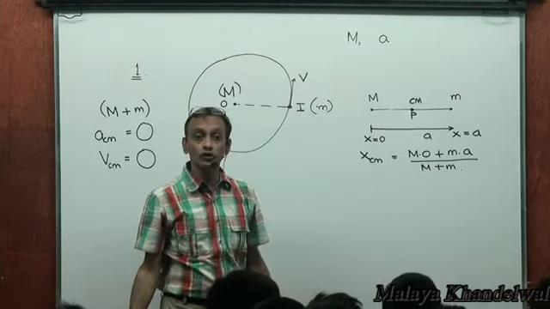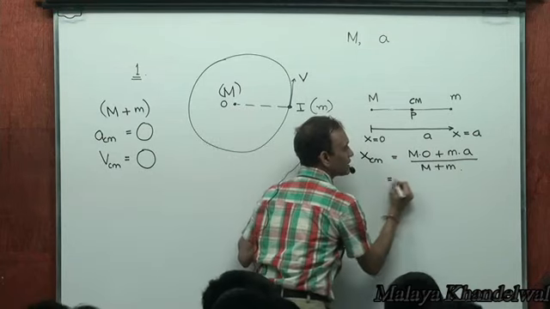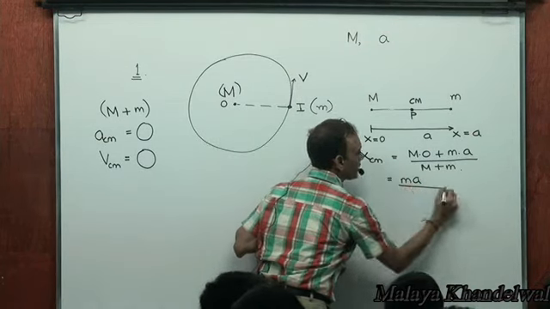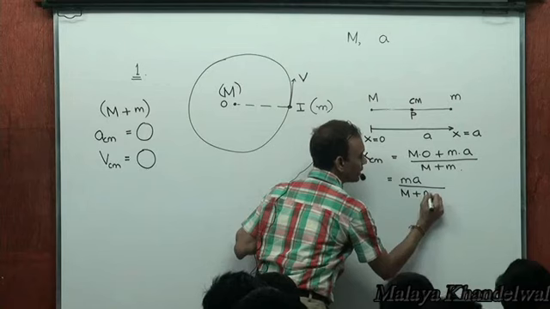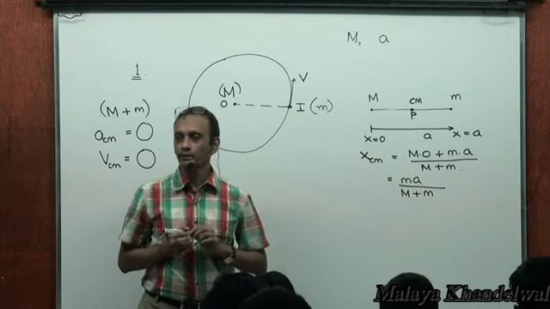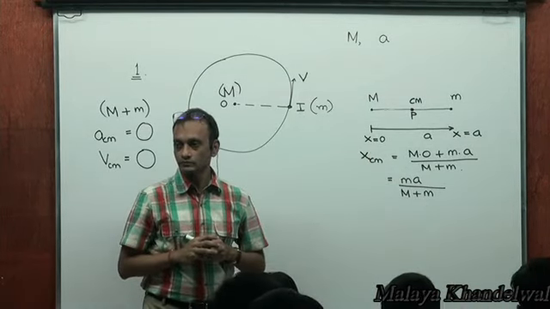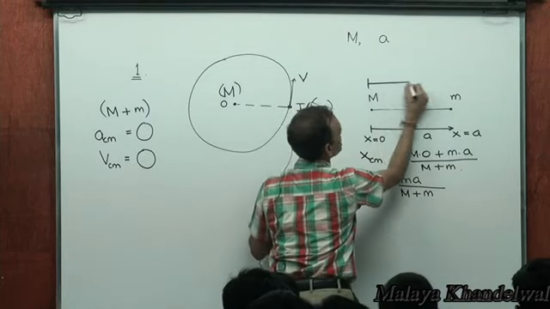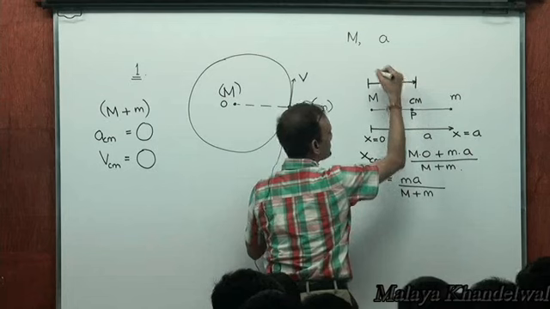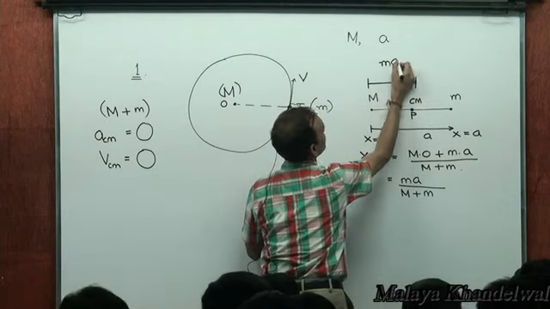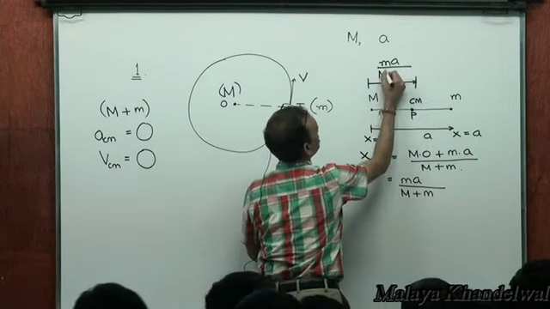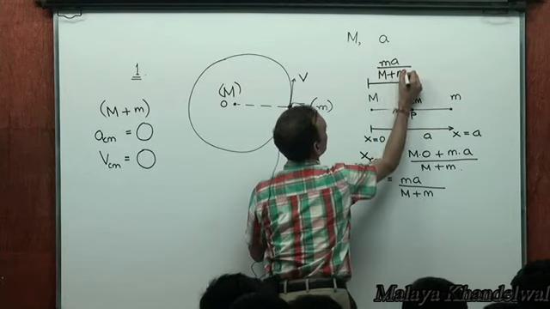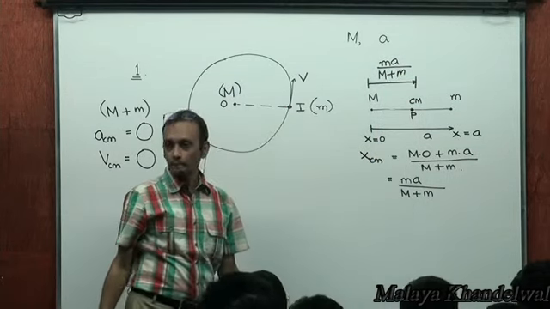That would be the x coordinate of the center of mass, which is small ma by capital M plus small m. Right? Yes or no? That means the center of mass is located at a distance small ma by capital M plus small m from capital M.